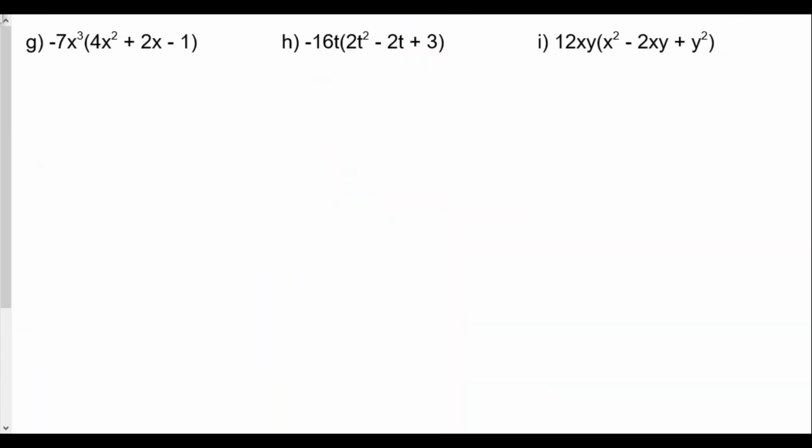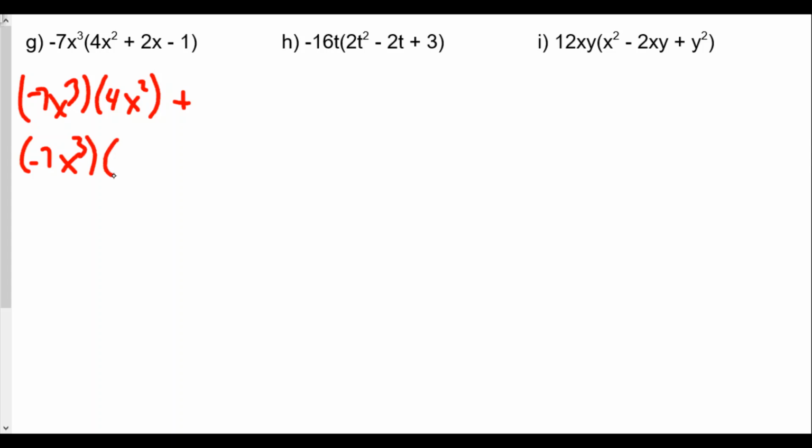So we have here part G, negative 7x to the third times 4x squared plus negative 7x to the third times 2x minus negative 7x to the third times 1.